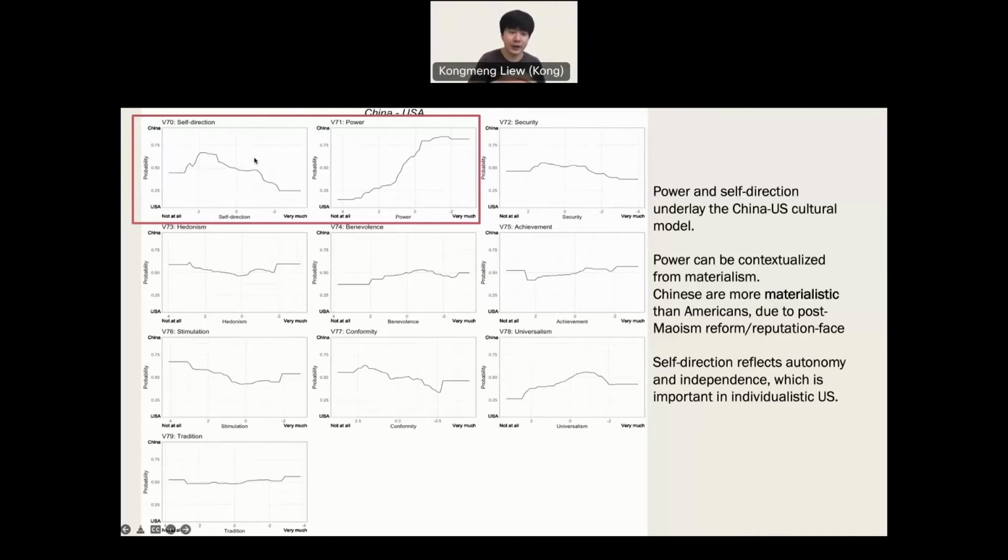Self-direction, on the other hand, is about autonomy, creativity, independence, and very obviously this would be stronger in the US than in China. But notice that the items present in this comparison were different from those highlighted in the Japanese data, which were hedonism, benevolence, and universalism.